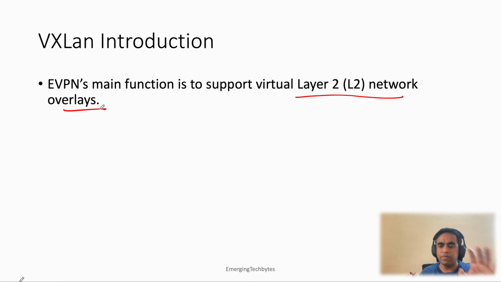You have one layer 2 network here, one layer 2 network here, and in between you have this layer 3 network. You want these two networks below to talk to each other. You need some sort of overlay, some sort of tunnel that can help in communicating between these two networks.